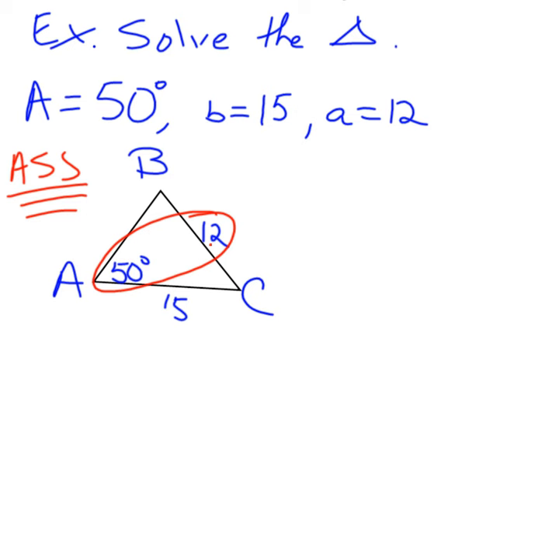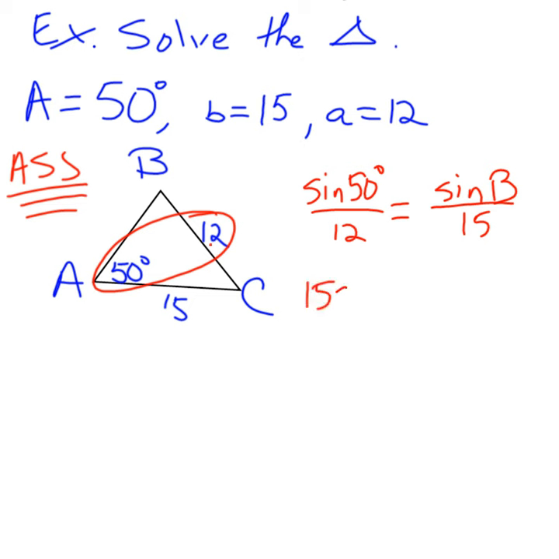To solve for angle B, I would say that the sine of 50 degrees over 12 is equal to the sine of angle B over 15. To solve for angle B, the first thing I would do is multiply the 15 across. So I get 15 sine of 50 over 12 is equal to the sine of angle B.